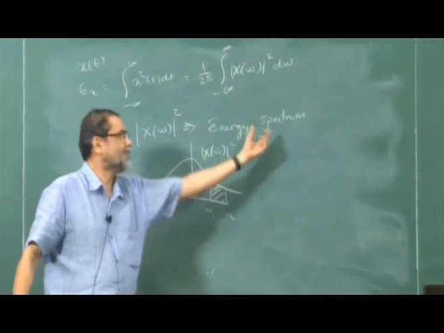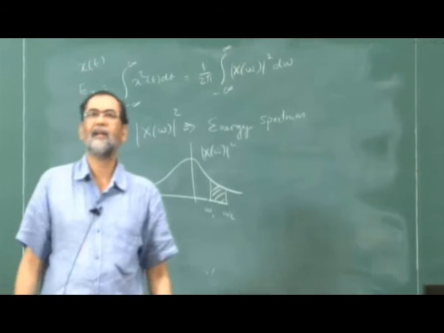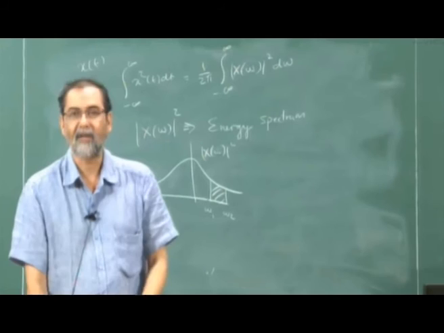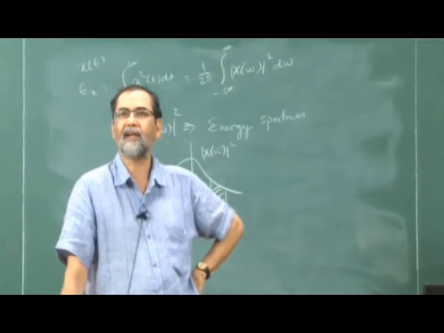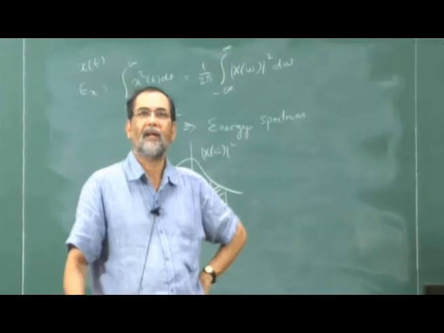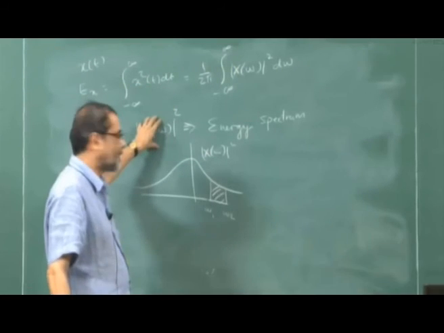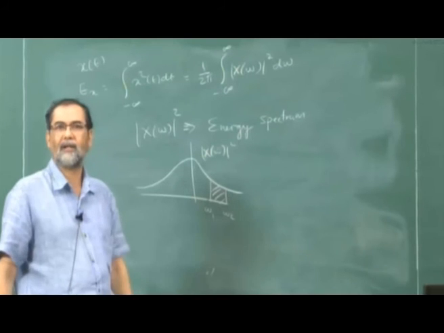And so in that sense it's the spectrum. Given any pair of frequencies, you can tell what is the energy in that band. So this is the energy spectral density function, magnitude of X of omega squared.